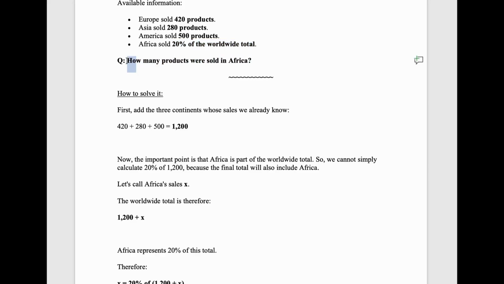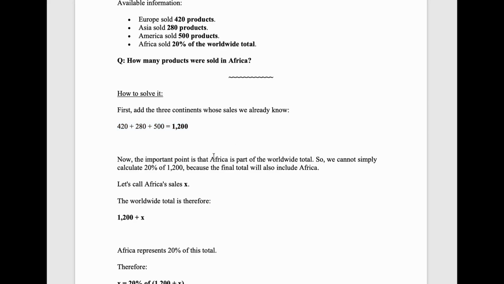At least my reasoning when it comes to these questions would be, first, I would add the 3 continents whose sales we already know. I would add them all together so we have actual figures as regards Europe, Asia, and America. So I would add up 420 plus 280 and 500, and we would get a number of 1,200.